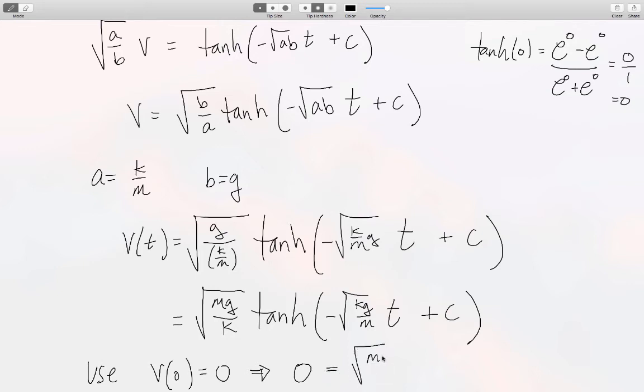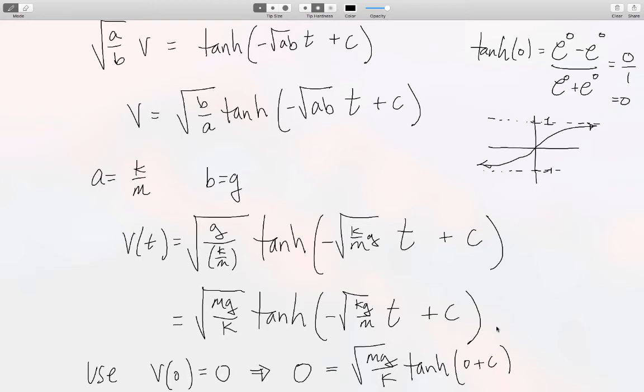So this is mg over k hyperbolic tangent of 0 plus c. And so hyperbolic tan looks like this. It has asymptotes, and it's a 1-to-1 function, so it's going to go up like this and then go like this.